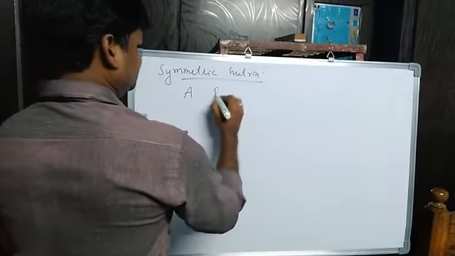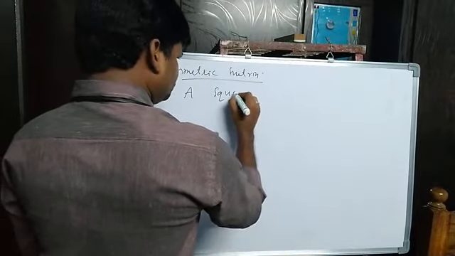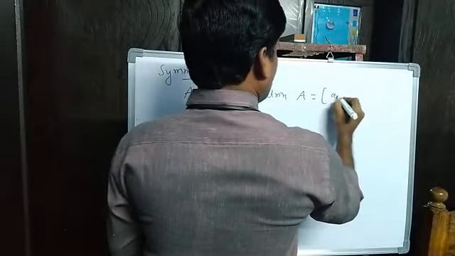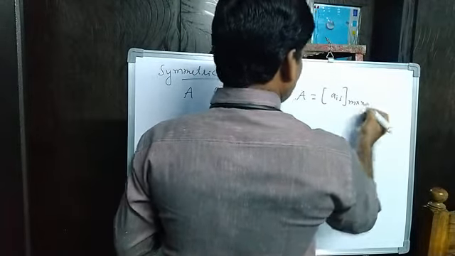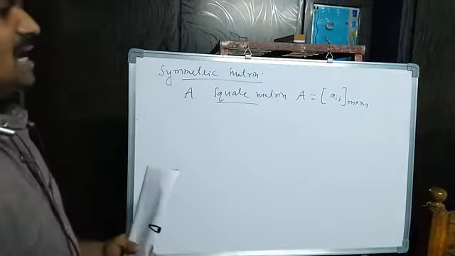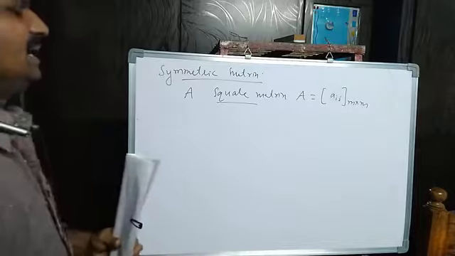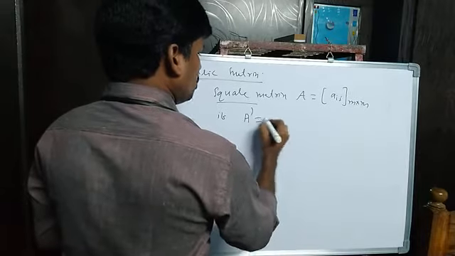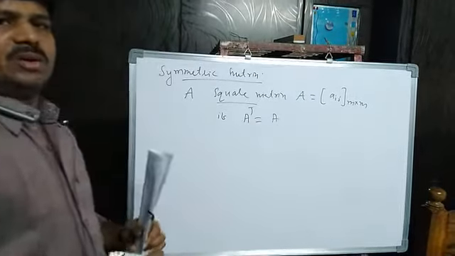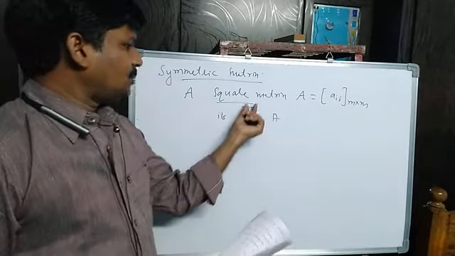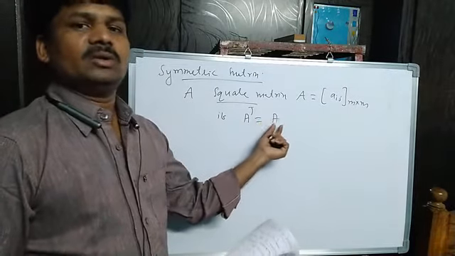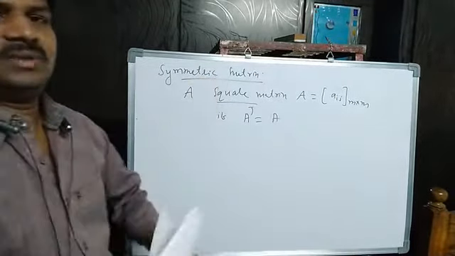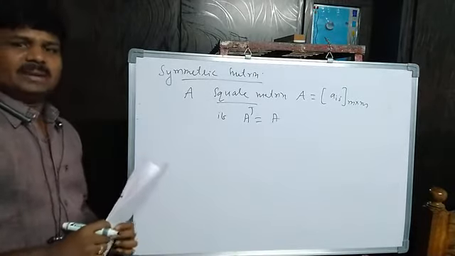A square matrix A = [aij] m by m is said to be symmetric if A transpose is equal to A. If A transpose is equal to A, then that square matrix A is called a symmetric matrix.